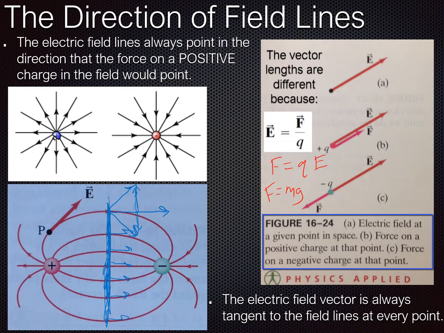So you can see this one right here, that at this spot, if you were to put a test charge right there, the electric field points along the tangent at the point where that test charge is. And so the field lines follow and track where the charges would move.